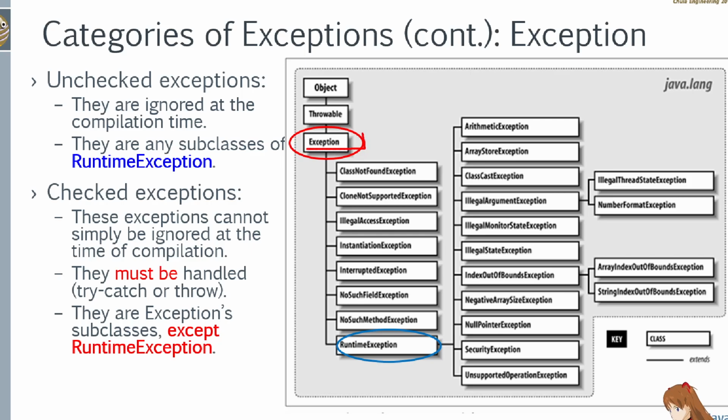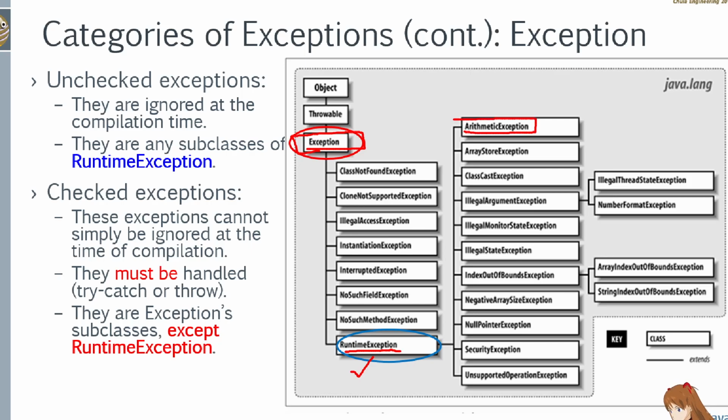So if we zoom in a bit, we have Exception. RuntimeException is actually a subclass of Exception, or a type of exception. And there are many runtime exceptions.